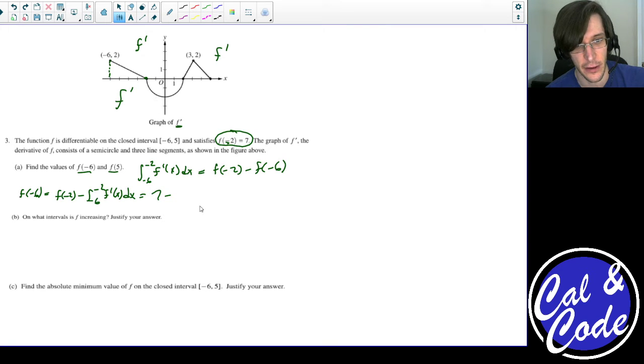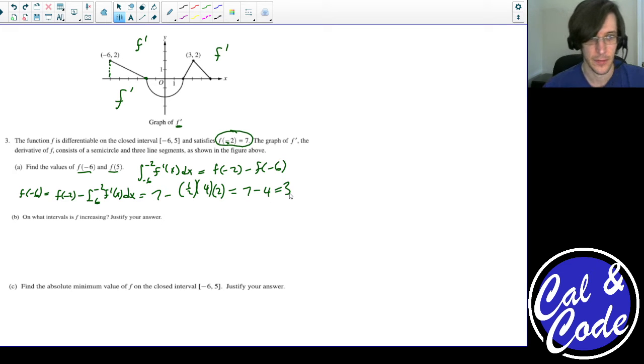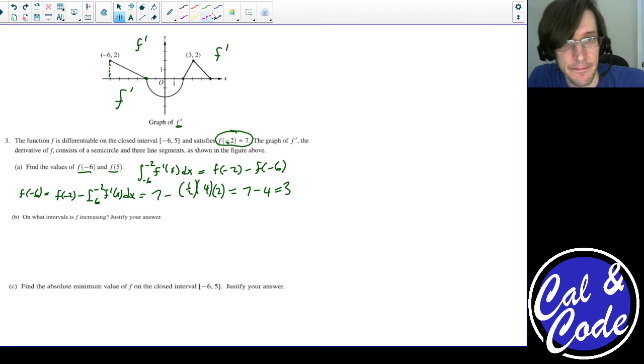So we just need to find the area of that triangle: 1/2 times a base of 4 times a height of 2. And we get 7 minus 4, which is 3. So there is f of -6.